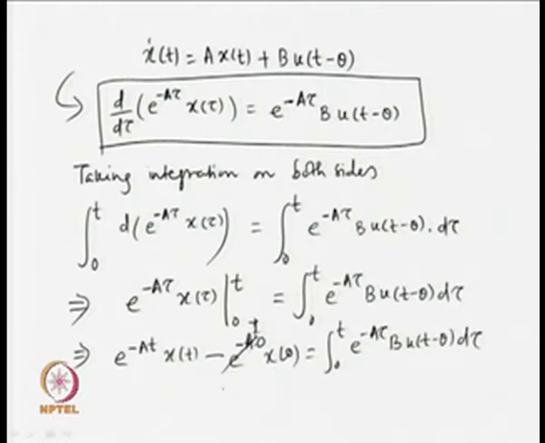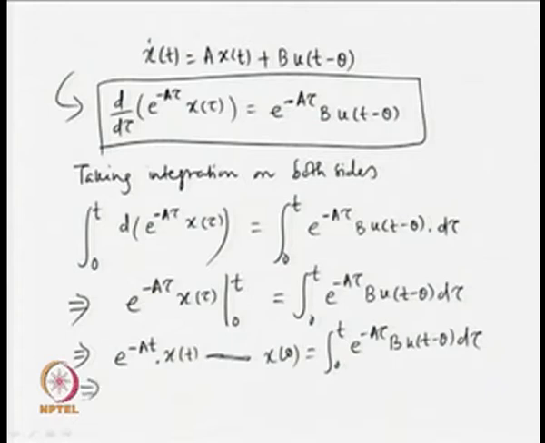If A is a scalar, then e to the power 0 becomes 1, and if A is a matrix, in that case e to the power minus a 0 will give you some identity matrix of the order of A. So, I remove this one and I get the terms e to the power minus a t times x t minus x 0 is equal to integration from 0 to t e to the power minus a tau b u t minus theta.